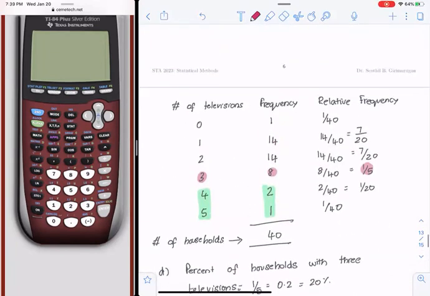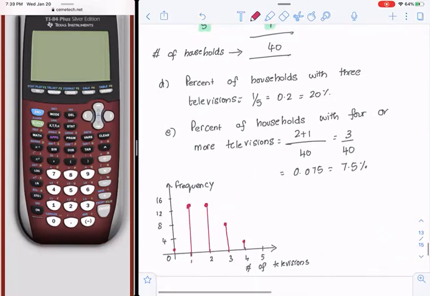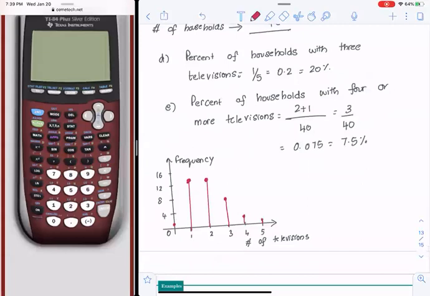Five televisions would be 1. So I'm not drawing a bar, rather I'm drawing thin lines because this is discrete data. Let me put a note here.